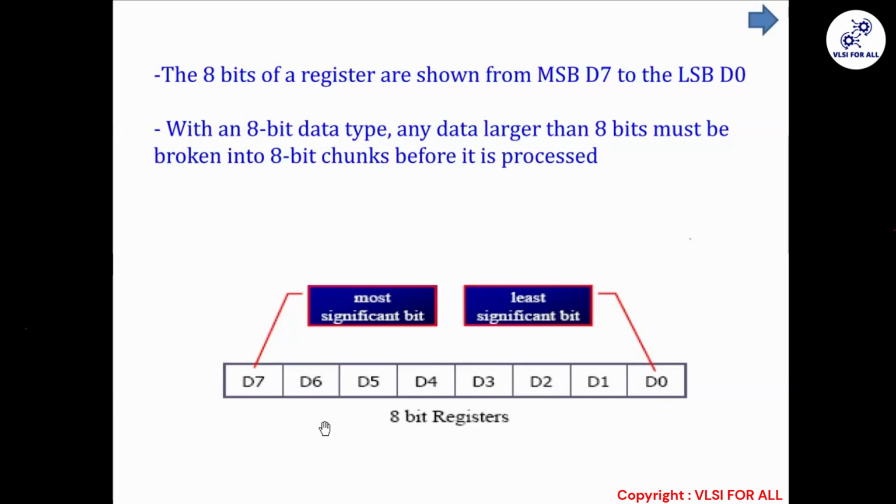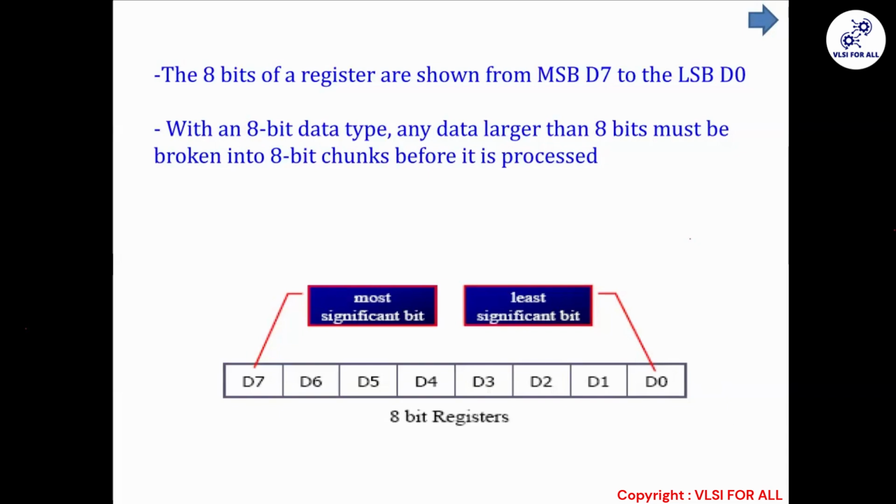And 1, 0, 0, 1 means 9. And if I say 1, 0, 1, 0, then it will be A. Very good. That way, hexadecimal representation will be there depending on the bits in your register.